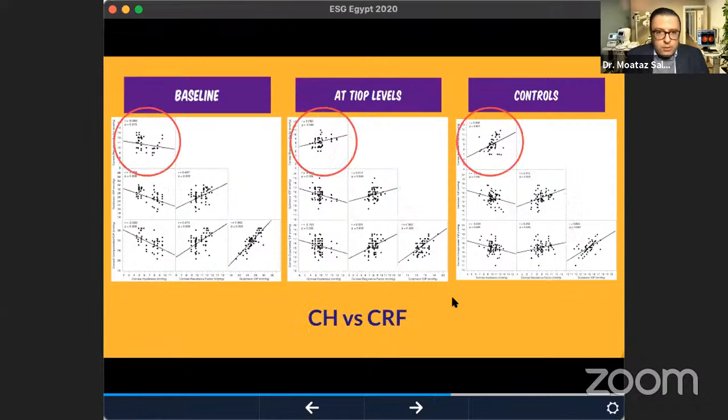The challenge is the correlation between the corneal hysteresis and the corneal resistance factor. At baseline, when we have an elevated intraocular pressure, there is a negative correlation between them that changed to a positive correlation after achieving target IOP, and this mimics the normal situation in the normal group.